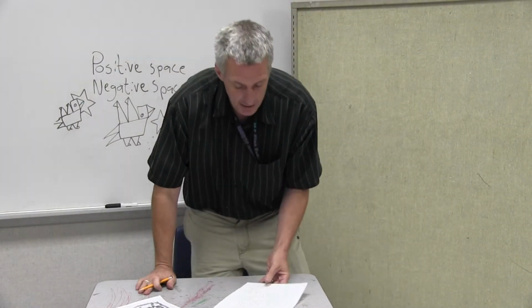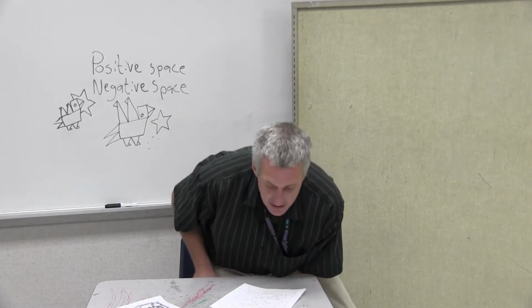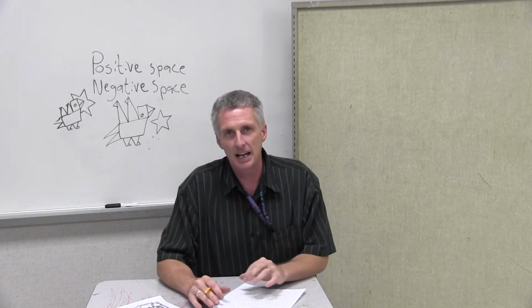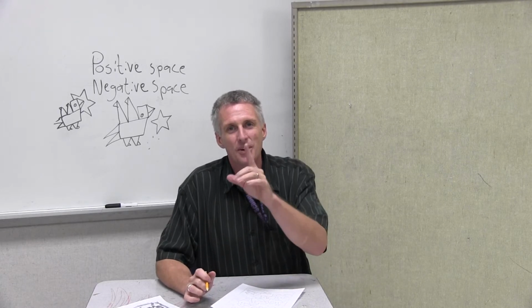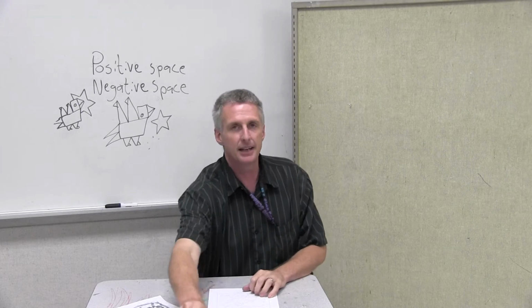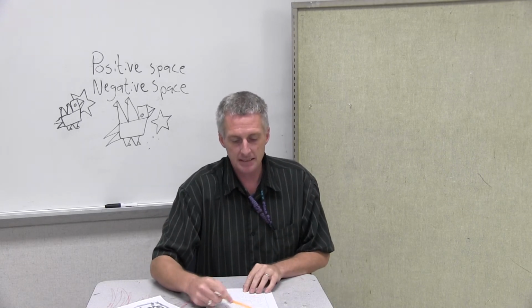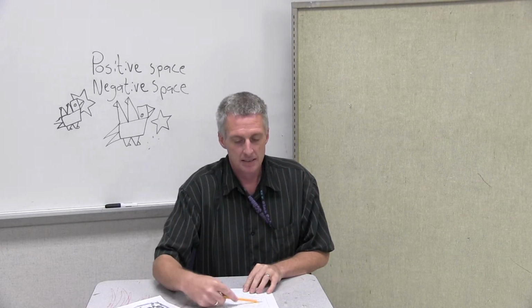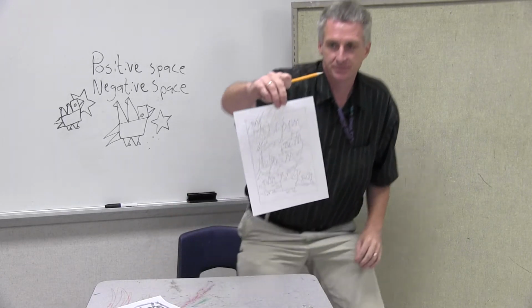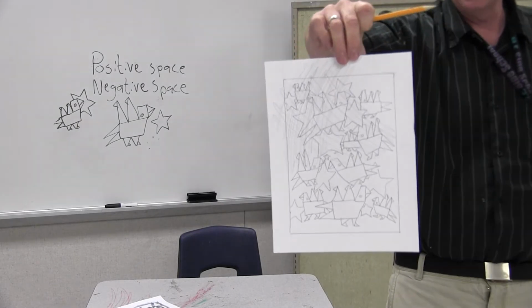Then, I want to think about how I can use the negative space to define the shapes I'm doing. But you know what I'm going to start off with? Just some light scribbling. I don't usually like a lot of scribbling, but in this case, I'm going to start off with just some light scribbling like that.